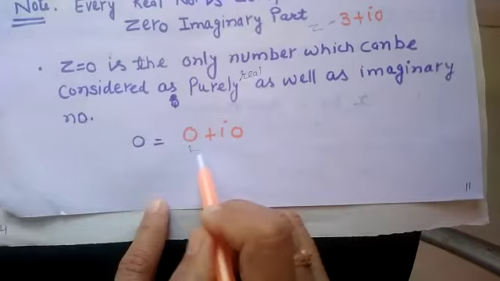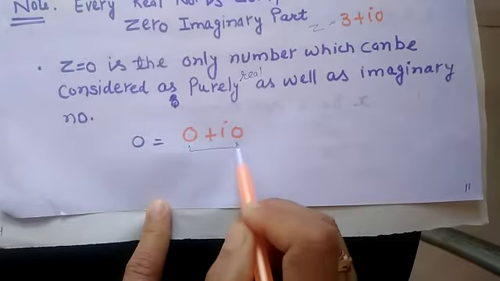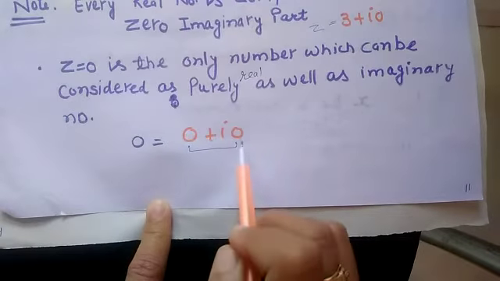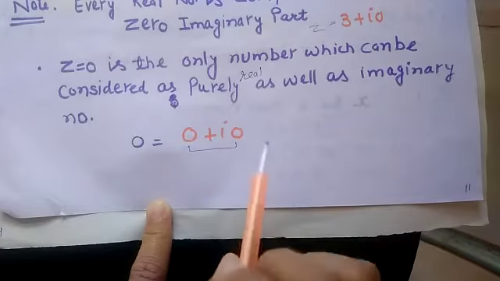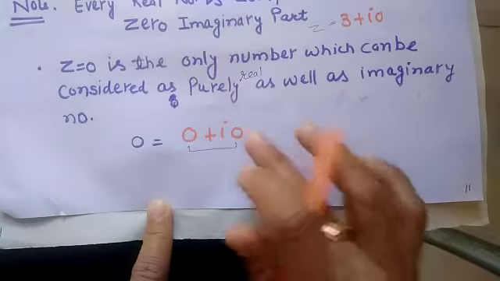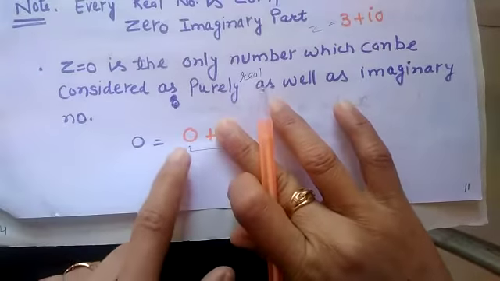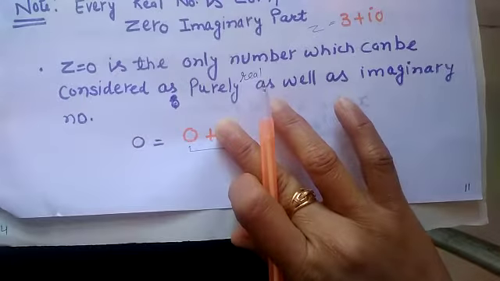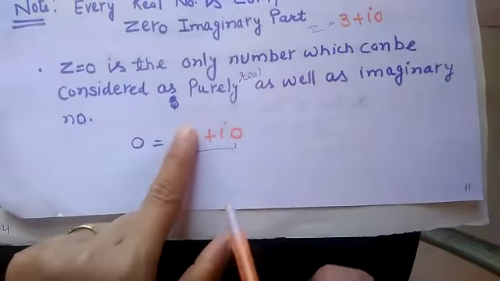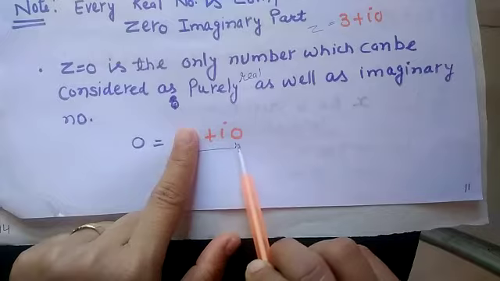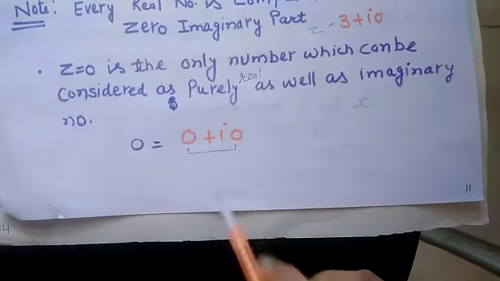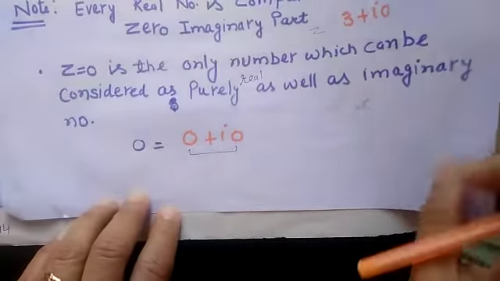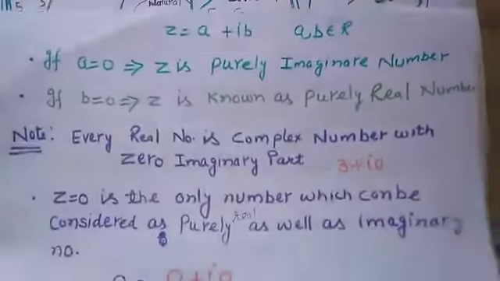So this is a complex number, right? If this is a complex number, I can consider it as purely real. How? If I write 0 only, then it is purely real. But if I hide this, I will get purely imaginary. So in this way, we are representing 0 in the complex number.